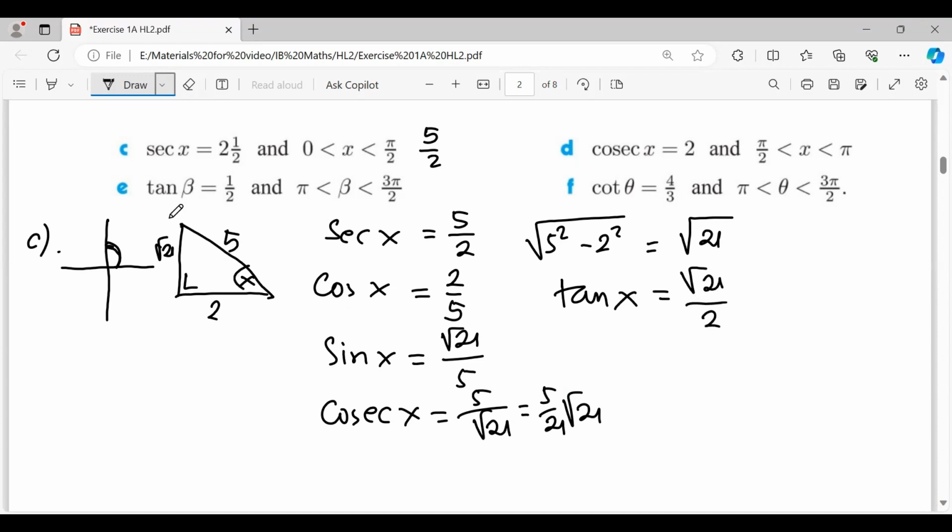Okay, opposite over adjacent. And cotangent is the inverse of tangent, or the opposite of this fraction, 2 over root 21 or 2 over 21 root 21.